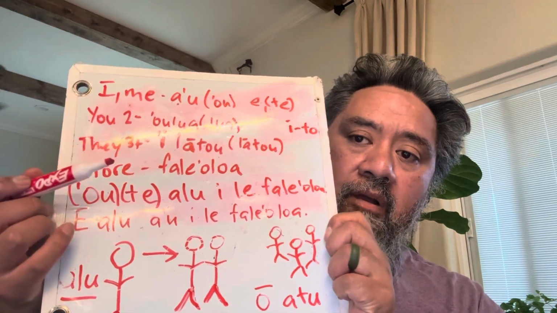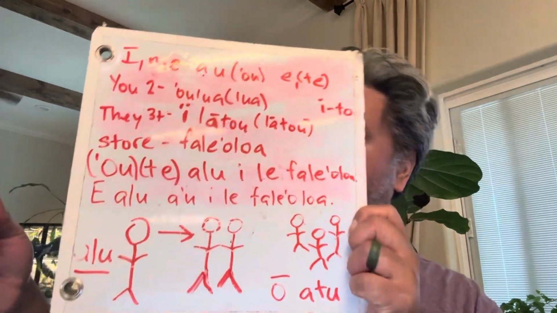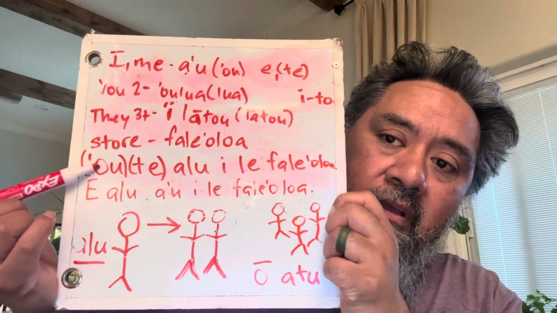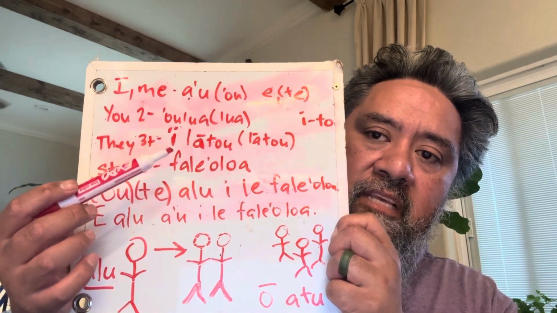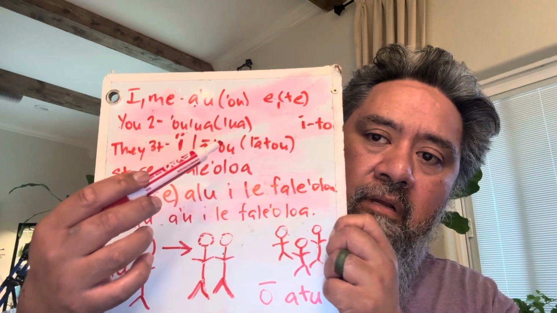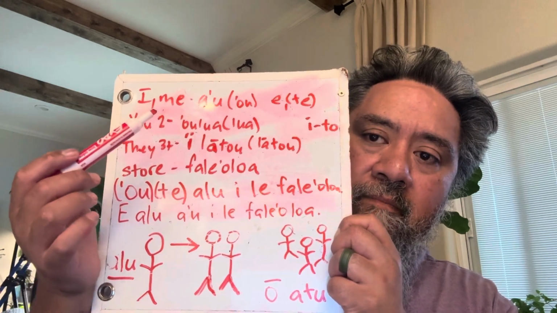So let's do the same thing with you two, for the olua. So here's the nice thing: all you have to do, I'm not writing it down, we're just going to go over it, instead of o te alu i le faleoloa, you could say lua.